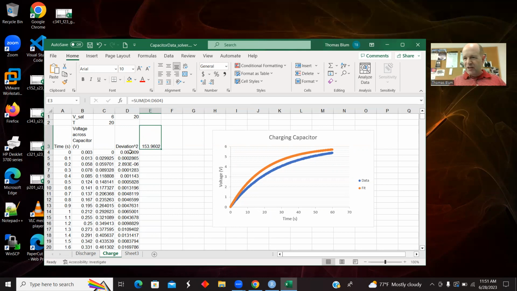We square the deviation, and we want to make that measure of the squared deviations as small as possible. So that's the least. Okay, let me undo whatever I was just doing. So here is the game.